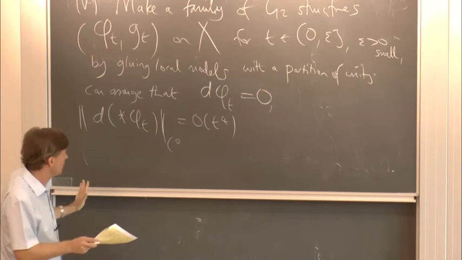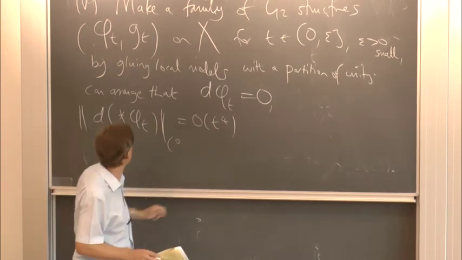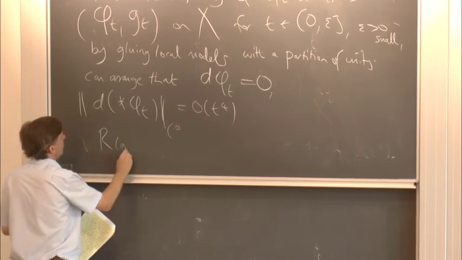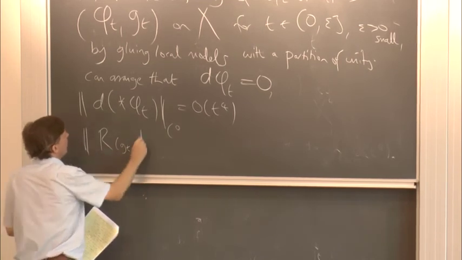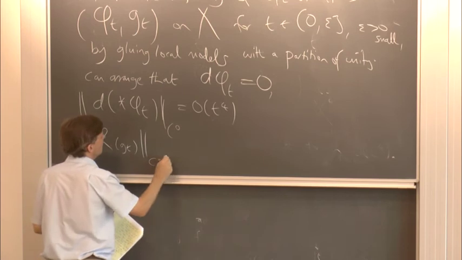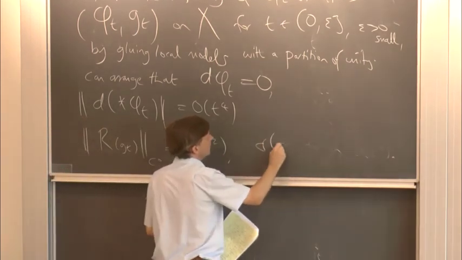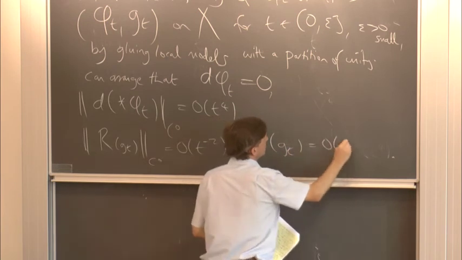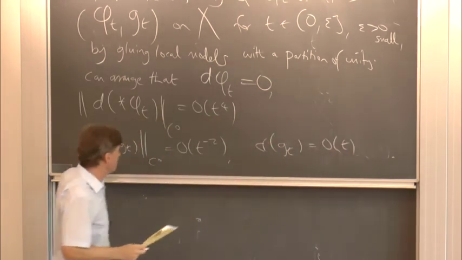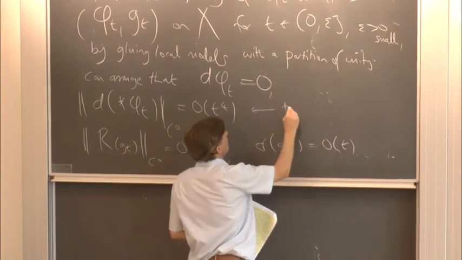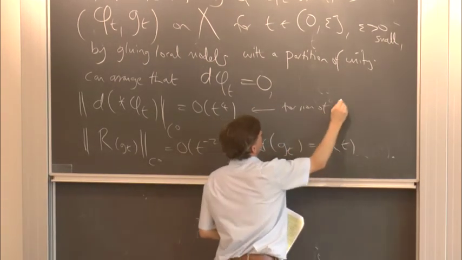If we only had codimension 6 singularities, we get a 6 here. Riemann curvature of g t in the C0 norm is again order of t to minus 2. Injectivity radius of g t is order of t. So it's the same things that we had before. This is a measure of the torsion of the G2 structure.